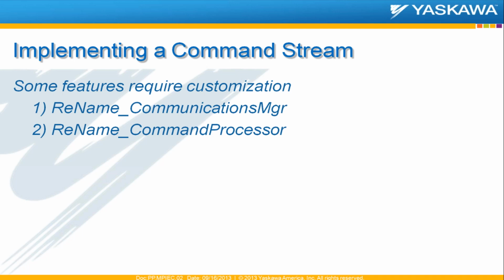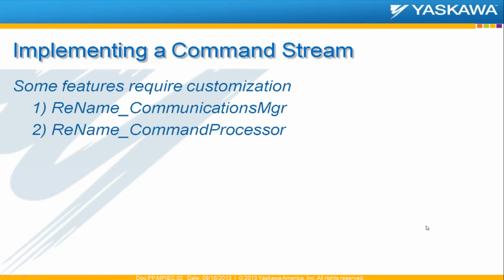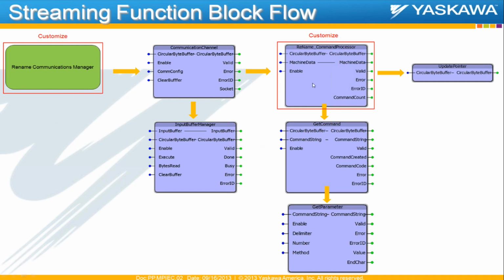Also, if I back up, you'll have some machine struct that you'll make. Actually, I'll go forward and show that. You'll have a machine struct of some kind that you'll attach to your motion functions. Because you'll need to customize that, you'll need to change the data type definition of 2 of these function blocks, 2 of the 6 or so that we show.